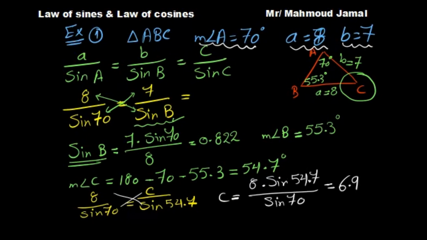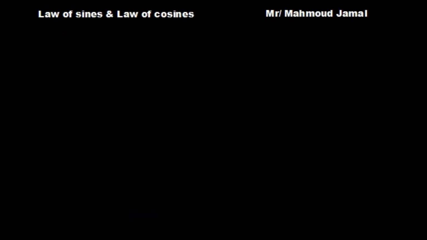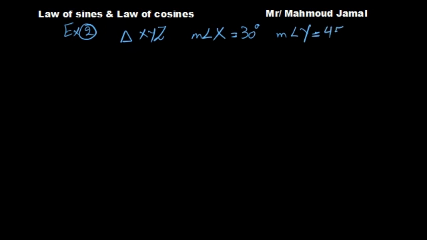Okay? Another one. Focus now. This is example number 2. We have triangle XYZ, and we know that measure angle X equals 30 degrees, measure angle Y equals 45 degrees, and the side length x equals 5.